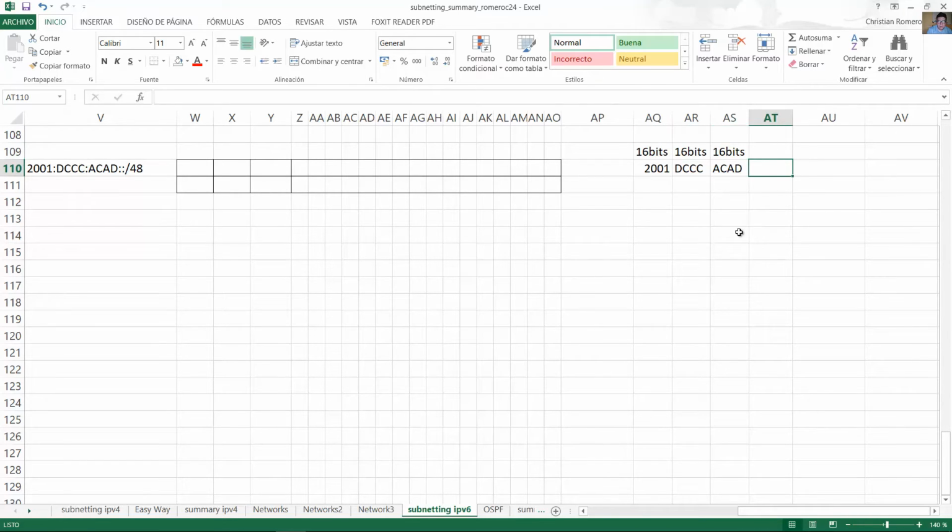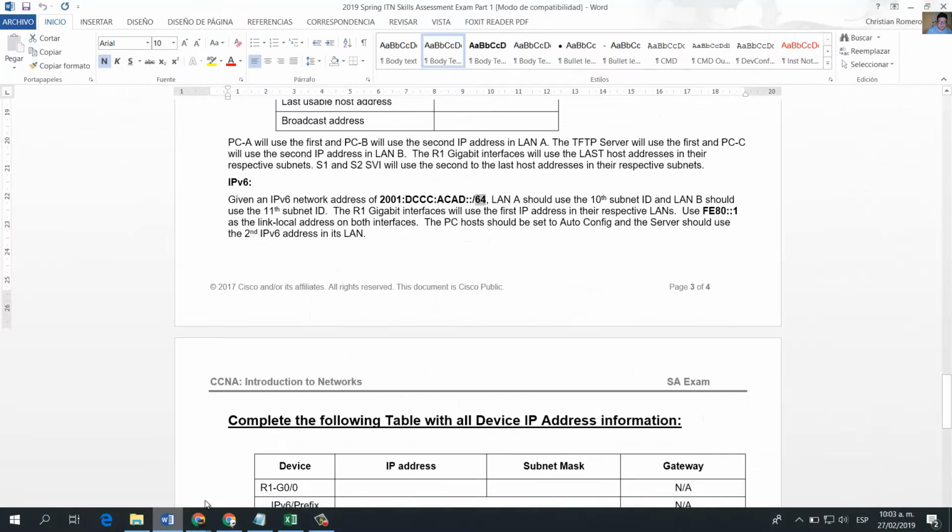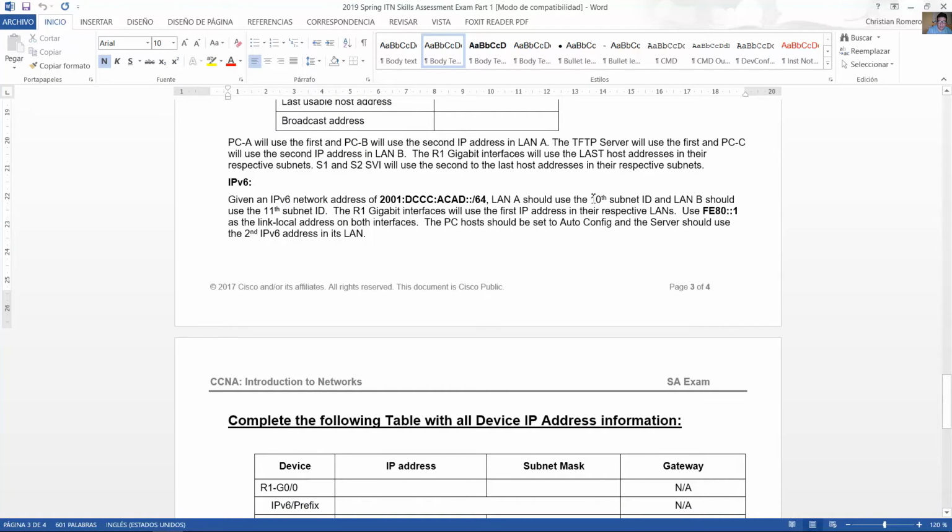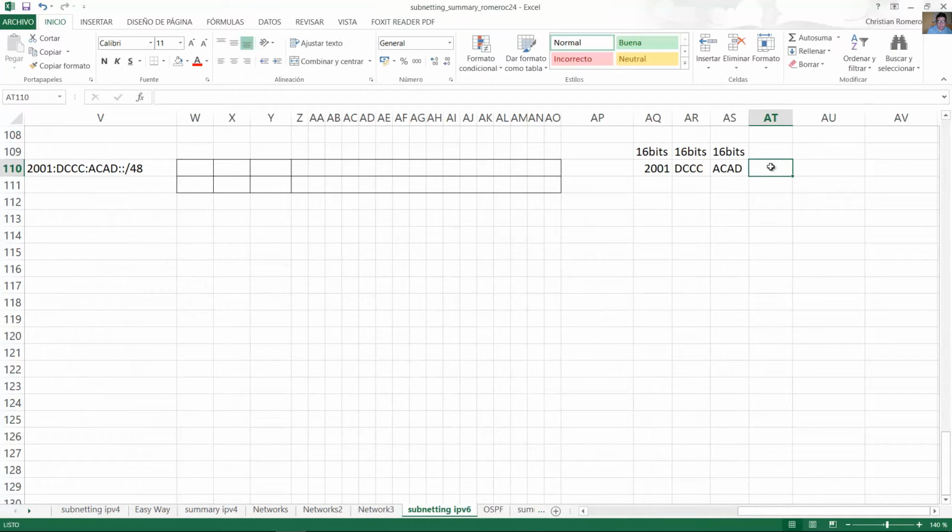To create the subnets, the 10th subnet ID for LAN A. If you start with 0, the first subnet is 0000. The second 0001, and so on.